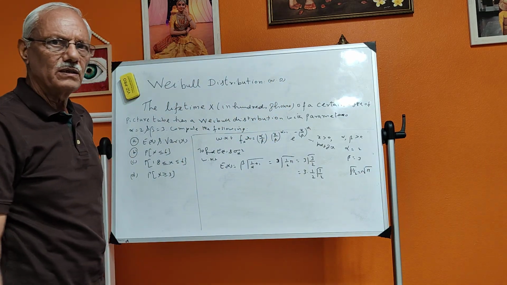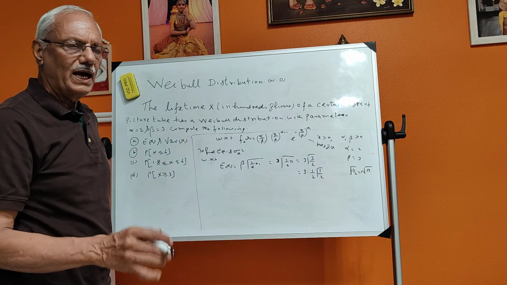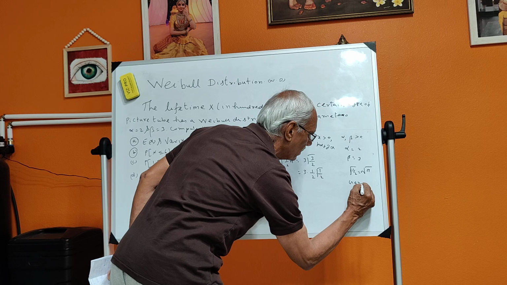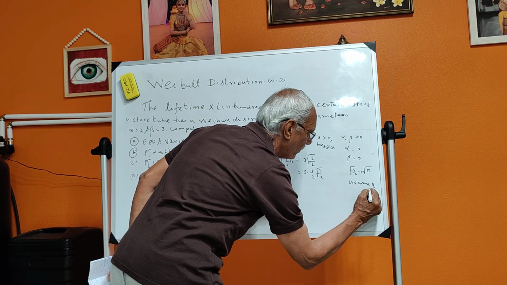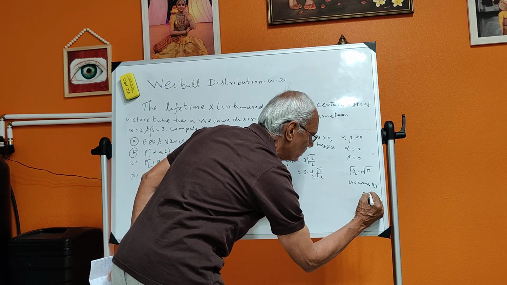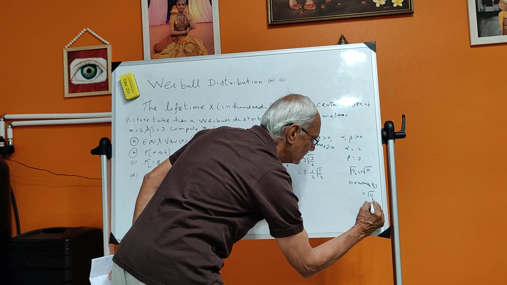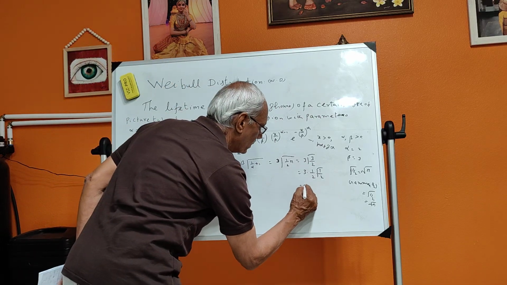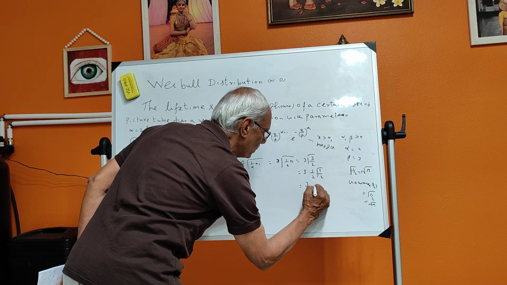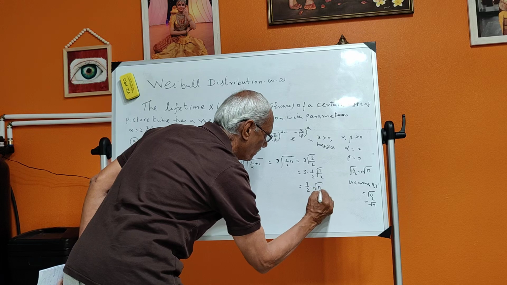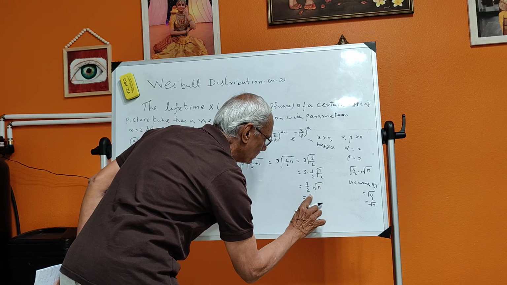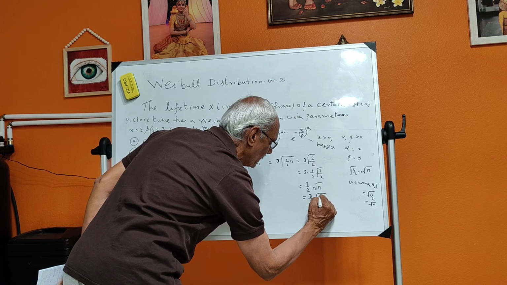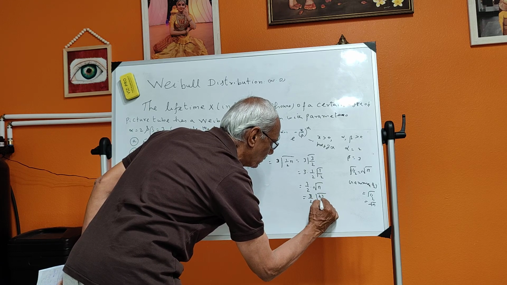This we can prove, but at present it is not required. So understand that gamma of half is equal to square root of pi. So this is nothing but 3 by 2 into square root of pi, where pi is 3.14, or even you can put 22 by 7.